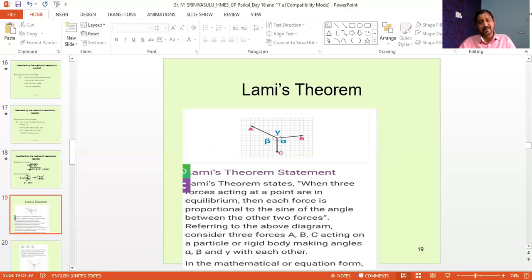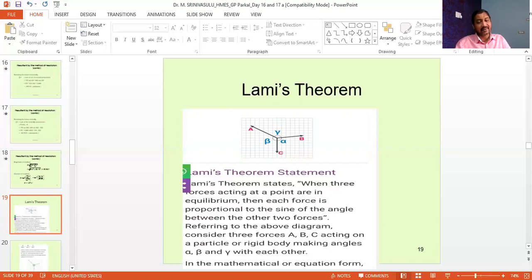So the first most important thing is that Lami's theorem is applicable when three forces are acting on a body and all the forces are in equilibrium condition. That means the resultant of all the three forces at that point is equal to zero.